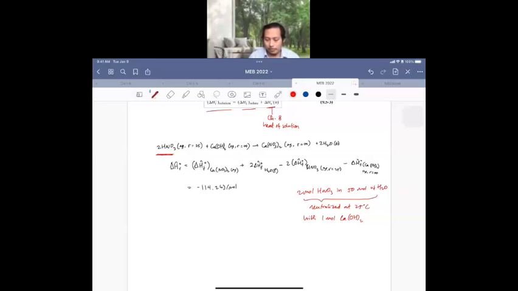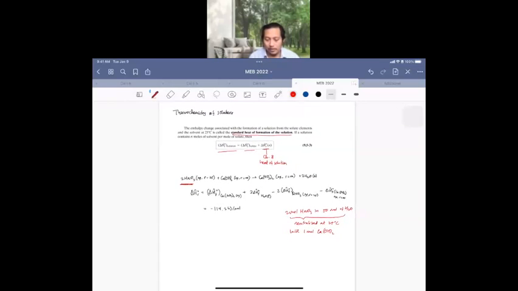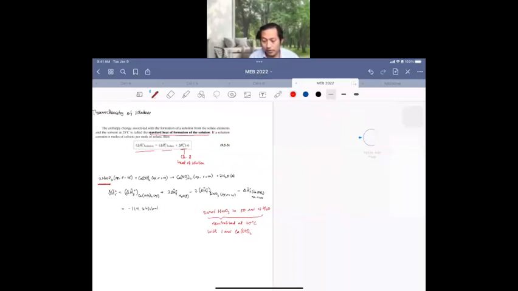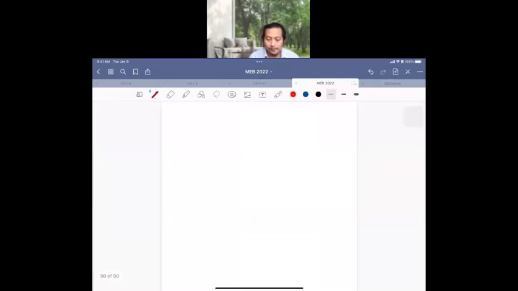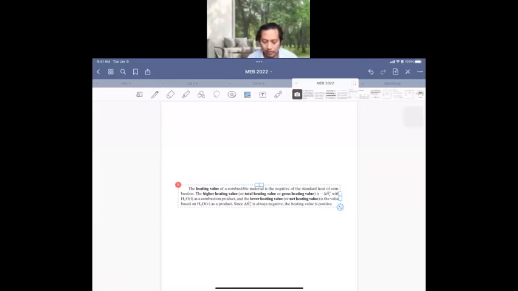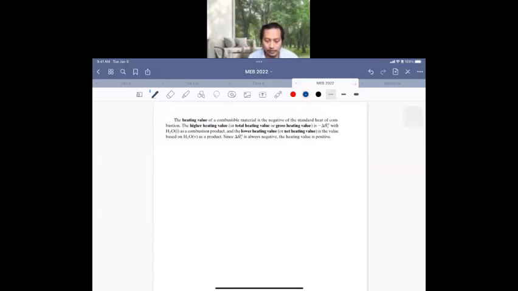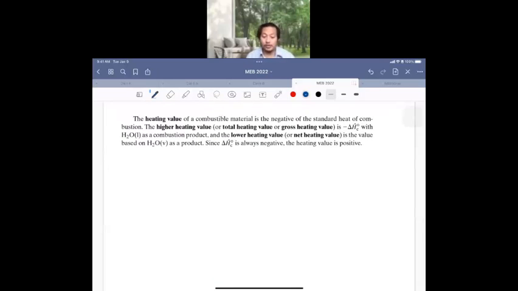Let me just go to some notes on the combustion process. Let me give you this definition first. The heating value of a combustible material is the negative of the standard heat of combustion.